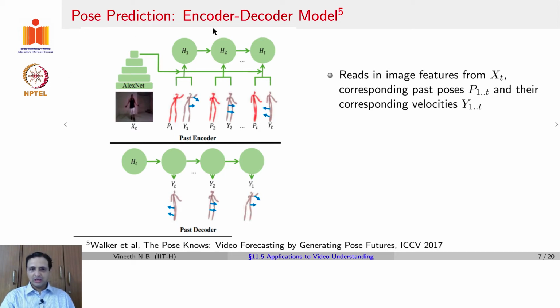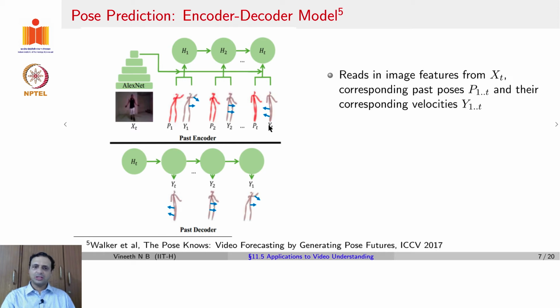So in this pose prediction encoder-decoder model, which is a variational autoencoder in their implementation, in the encoder there are image features read in from xt, which is a particular frame at time t, corresponding past poses, which could be p1 till pt, the poses until now, and also the velocities of the poses at different joint positions in each of these times 1 to t.